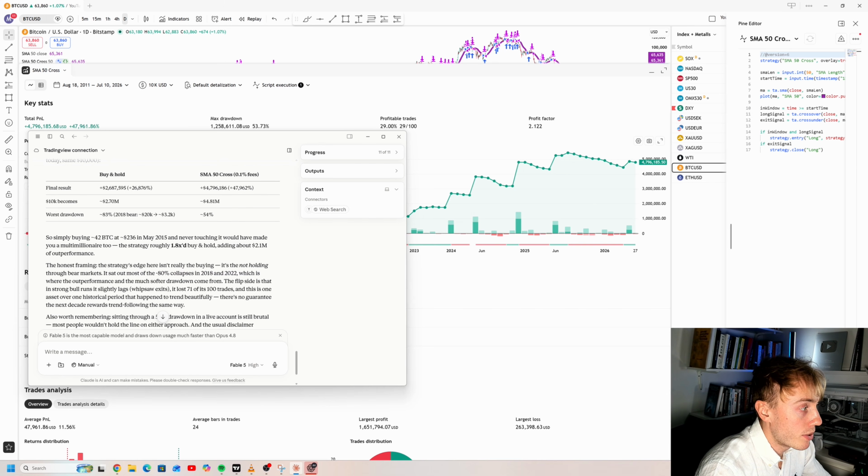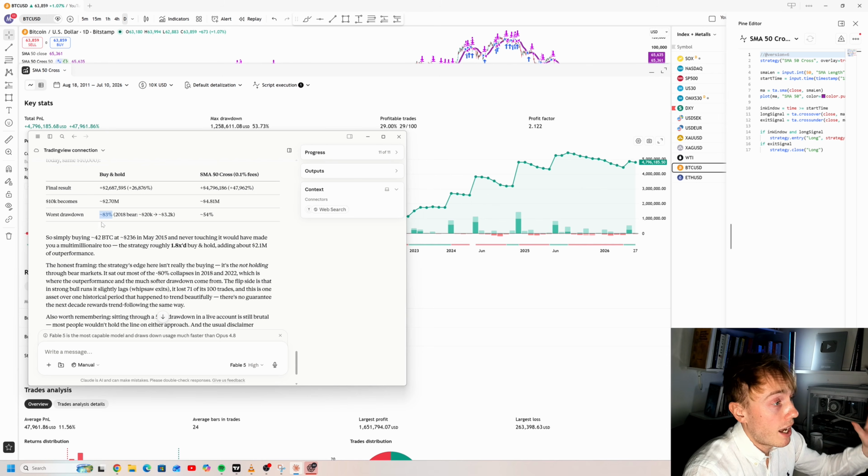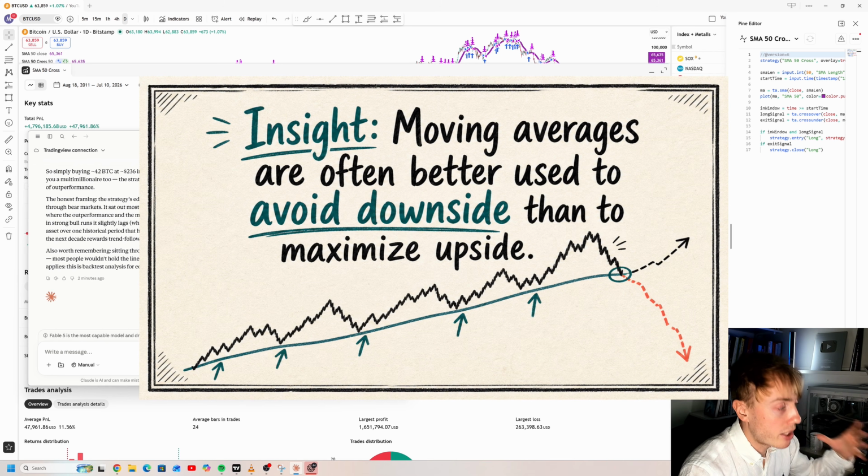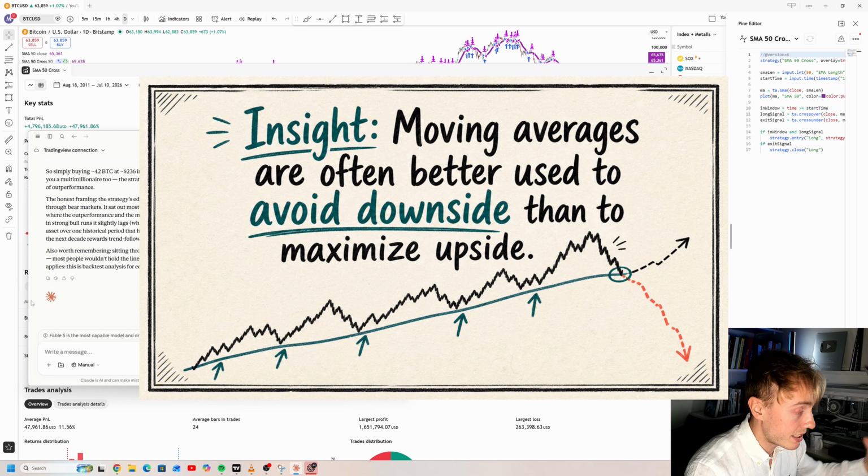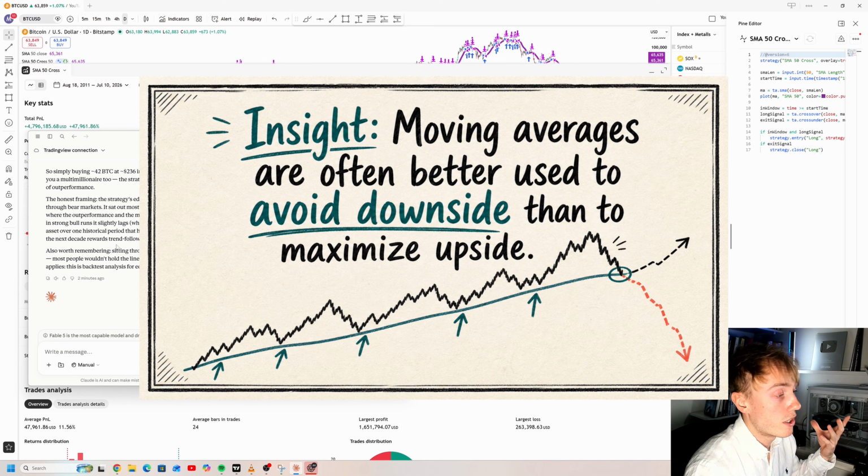For example, the worst drawdown during the buy and hold was 83%. As you know, when it comes to risk management, if you fall down 83%, you almost need to 10x your account to come back. And what the SMA 50 strategy basically did was allow us to avoid the worst drawdowns. So here we're getting some deep insights into the usefulness of indicators like moving averages.